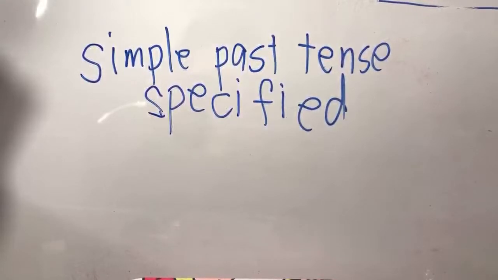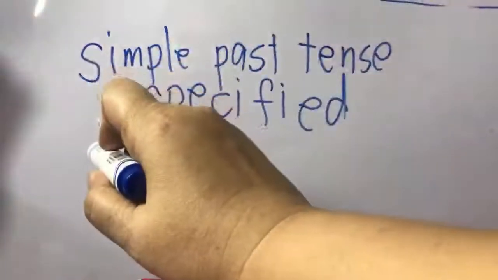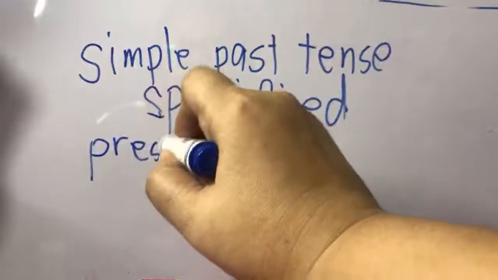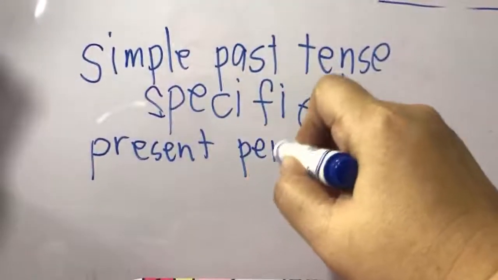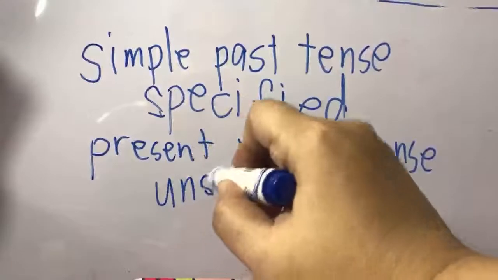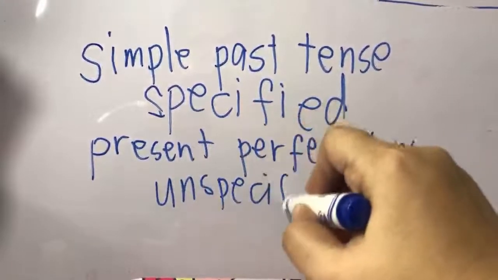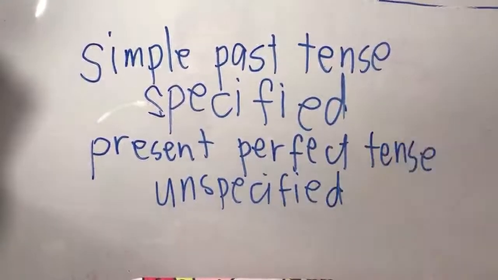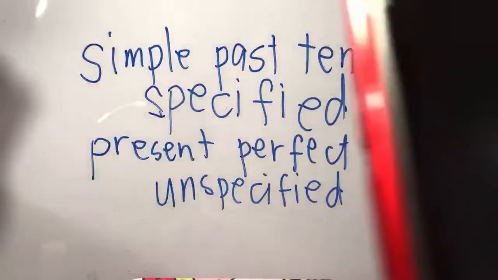Okay. Now, for the present perfect tense, okay, it's unspecified. Unspecified is the hantay of specified. But would you like to look at the meaning? Do you want to look at the meaning? Okay, this is the spelling of unspecified.